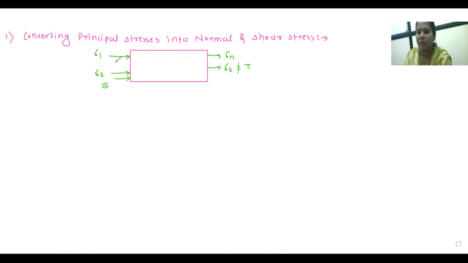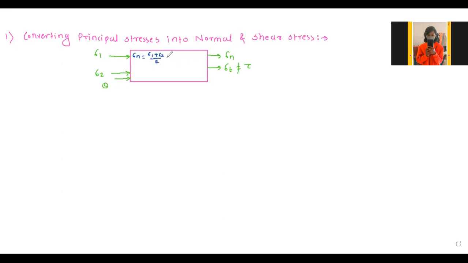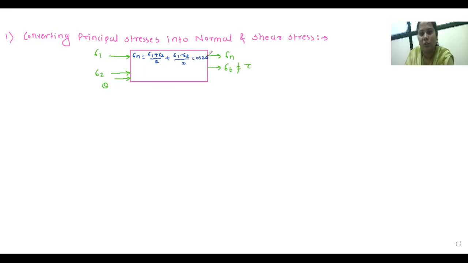For finding the normal stress, we used this equation: sigma n is equal to (sigma 1 plus sigma 2) by 2 plus (sigma 1 minus sigma 2) upon 2 cos 2 theta.